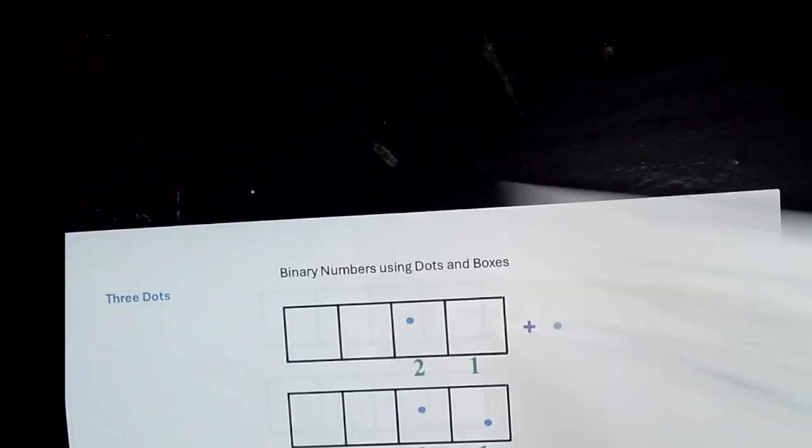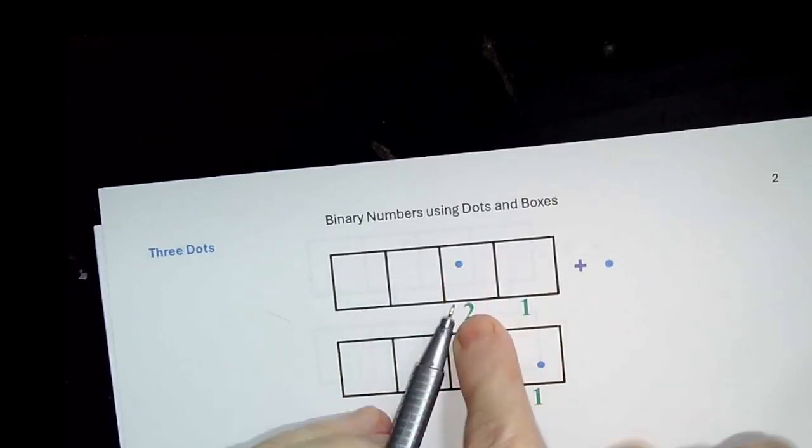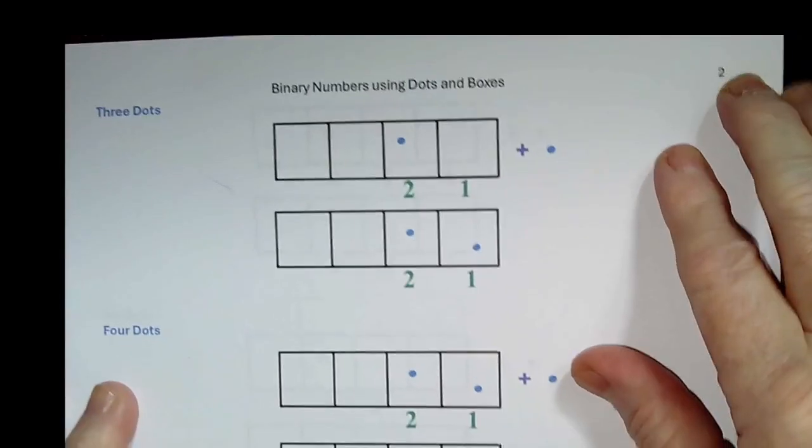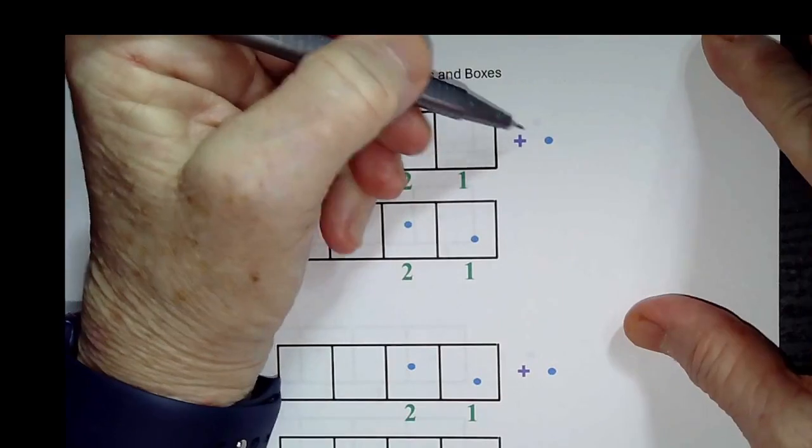Groovy? If we add another dot to the 2 dots we just had, then we've got 3 dots total.